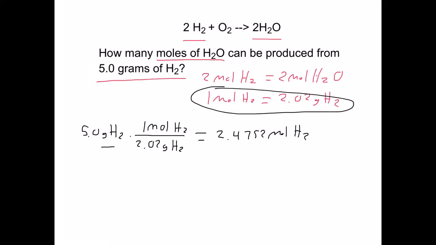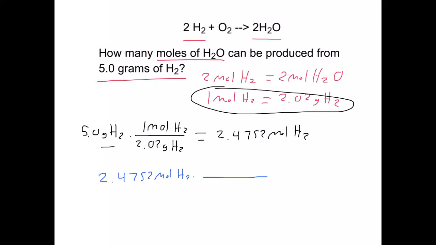So now that we have moles of H2, now we can do the mole ratio between H2 and H2O. So for our second step, we're going to have 2.4752 moles of H2, and we'll be setting up our mole ratio fraction here.